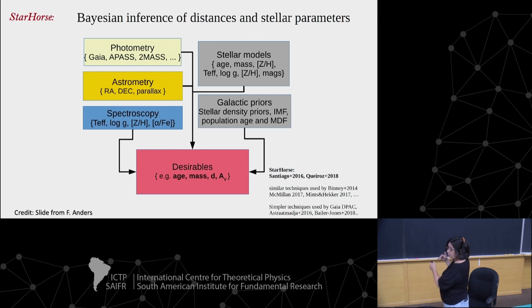As a subproduct of StarHorse, it can give you mass and age, but you don't trust them unless it's in the subgiant and main sequence turnoff. It can also give you temperature and log g that StarHorse considers the best, because you can put in an input of temperature and log g from a spectroscopic survey. Maybe there was a problem in that spectroscopic survey, but StarHorse has so many other parameters.